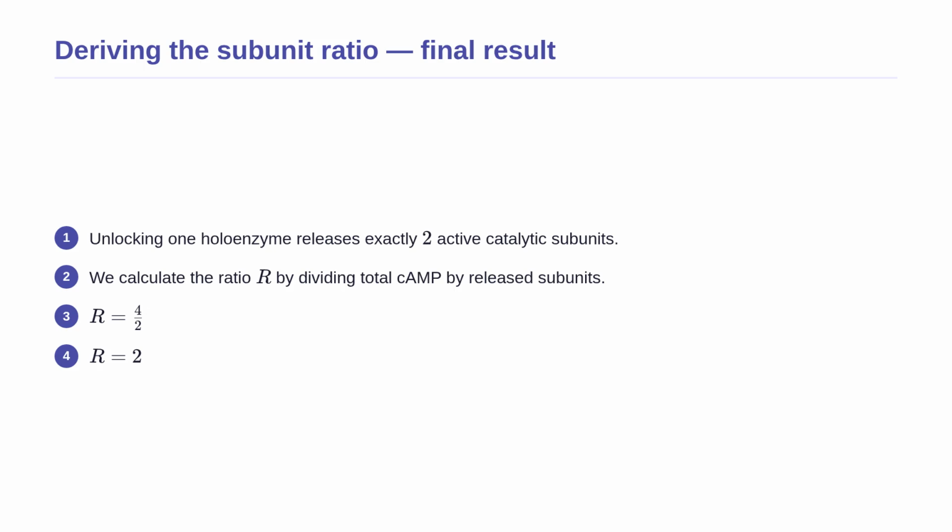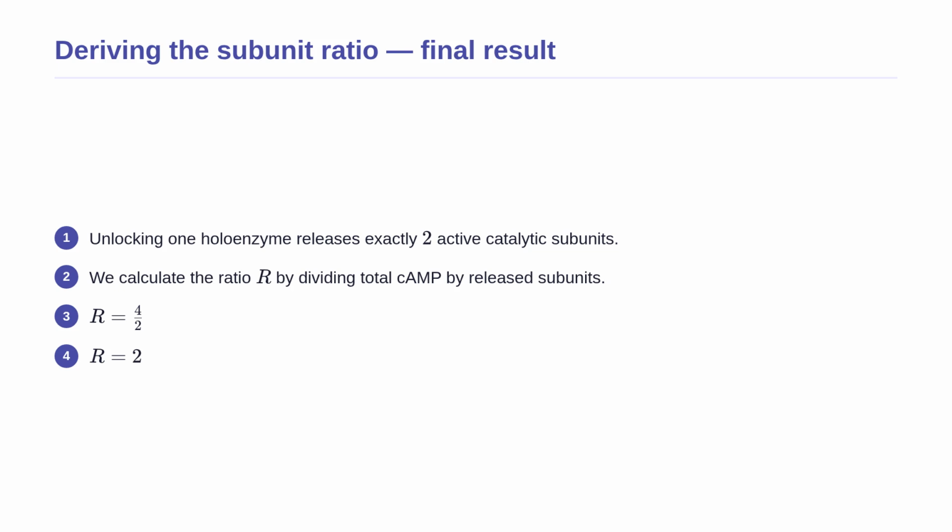Continuing our derivation, we now look at what happens after those 4 cyclic AMP molecules bind. Unlocking the holoenzyme releases its payload, which is exactly 2 active catalytic subunits. To find the ratio of cyclic AMP per single catalytic subunit, we divide the total cyclic AMP used by the number of subunits released.